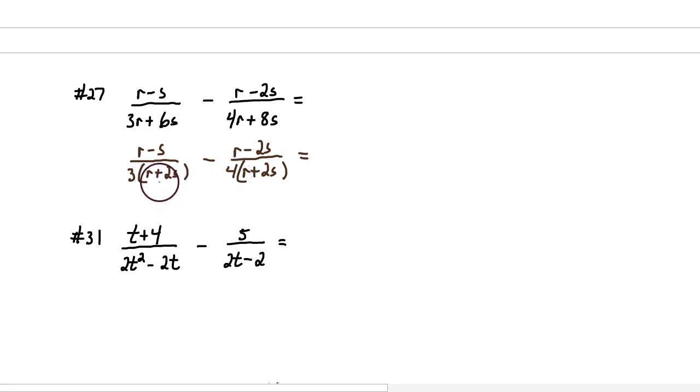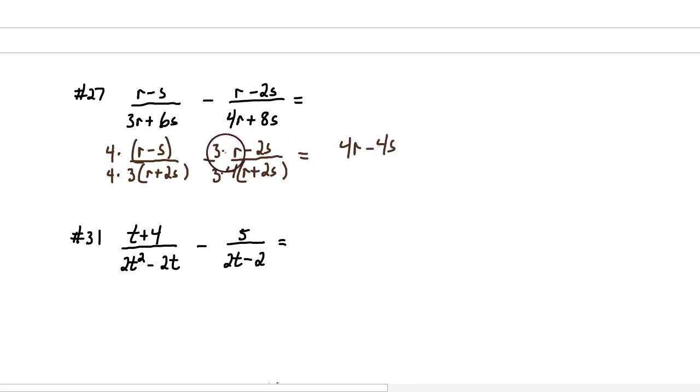Notice that they both have the r plus 2s. So to make this into 12 times r plus 2s, we need to times by 4, top and bottom. To make this turn into 12 times r plus 2s, we need to times by 3, top and bottom. So 4 times r minus s makes 4r minus 4s.